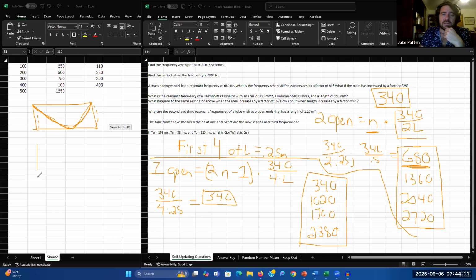When one of them is closed, then you're going to start. See how this starts at a node right here, and then it ends at a node? That's why you can only start and end at a node. The lowest you can do when it's closed at one end is you're going to have to start at the middle here.